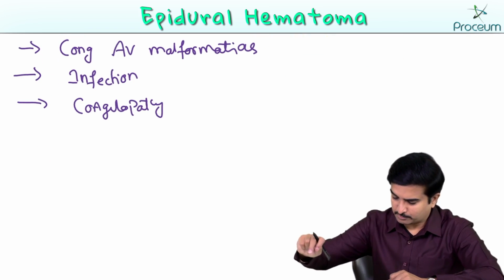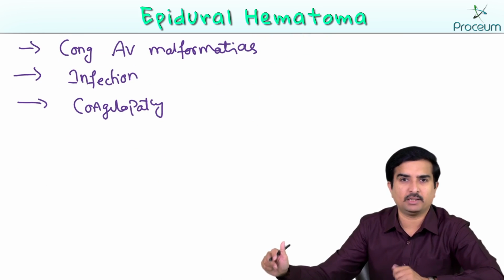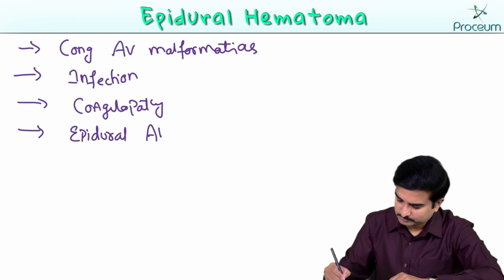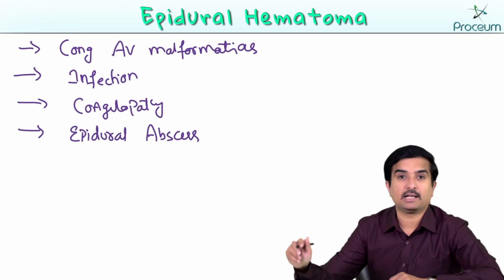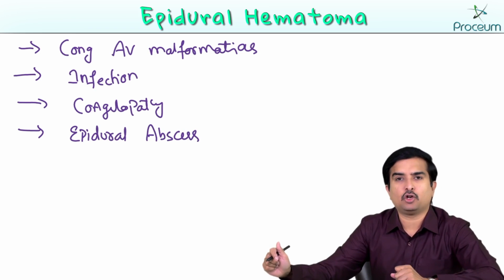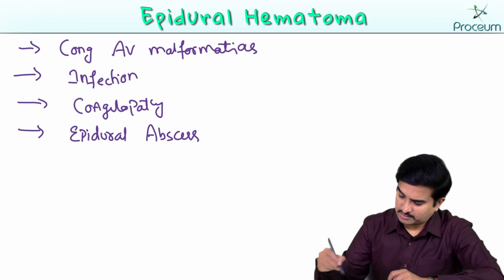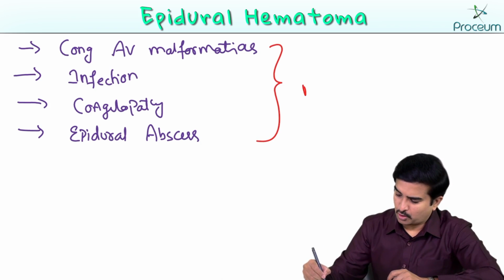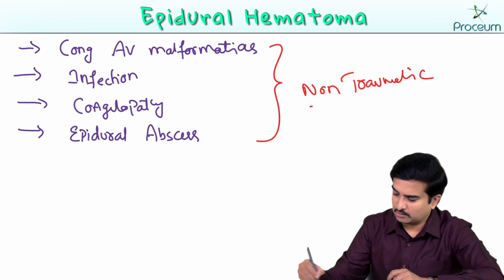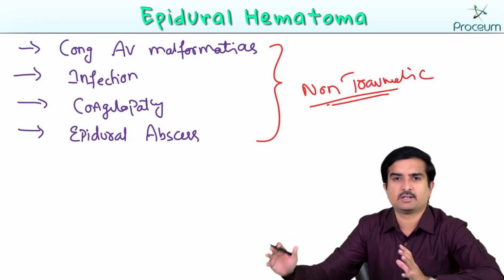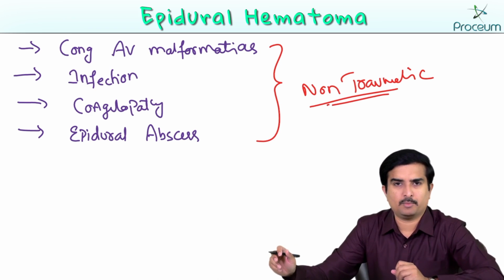Congenital arteriovenous malformations, infection, coagulopathy, epidural abscess, or maybe sometimes due to a complication of neurosurgical procedures, even though it is rare. All these are considered to be non-traumatic causes, even though they are rare. Just as a point of interest, just remember these points.